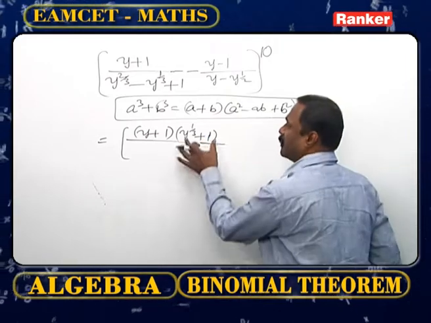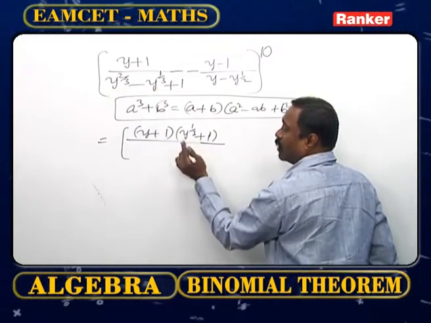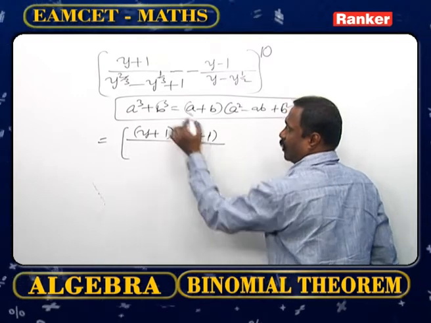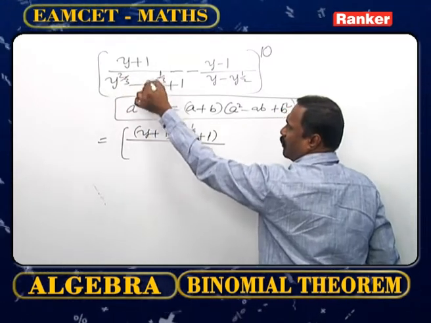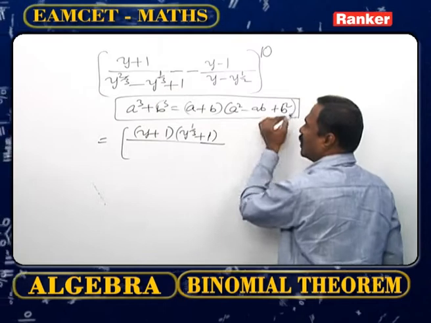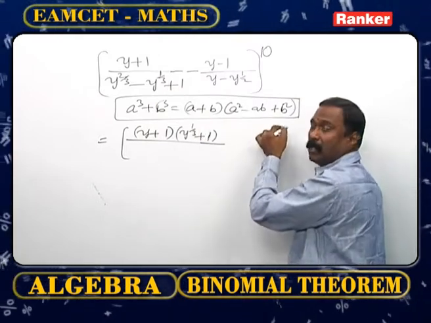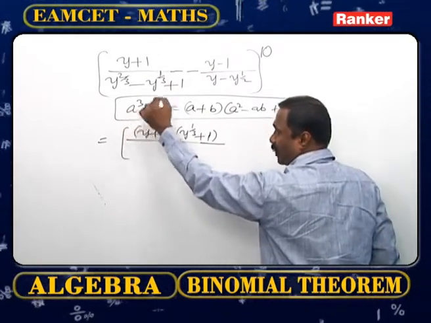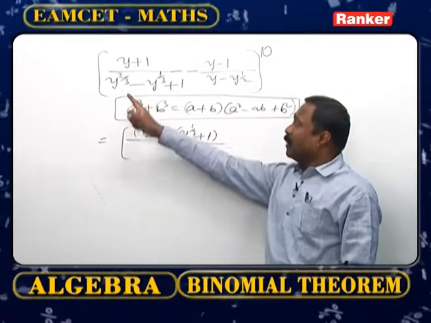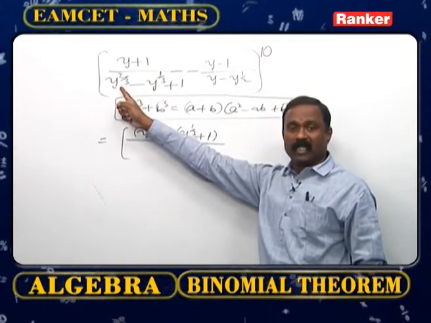That means when I multiply this denominator with this one, it will be in the form of a plus b into a square minus ab plus b square, which takes the form of a cube plus b cube, and thereby this power 3 will be getting cancelled.